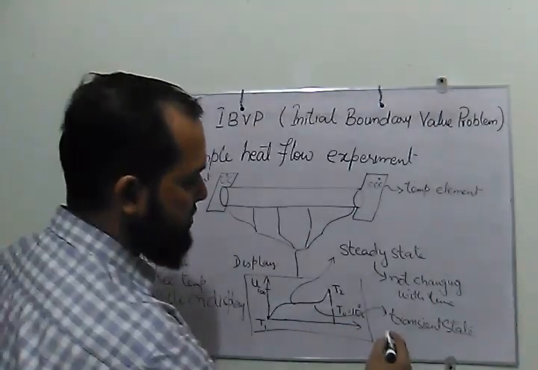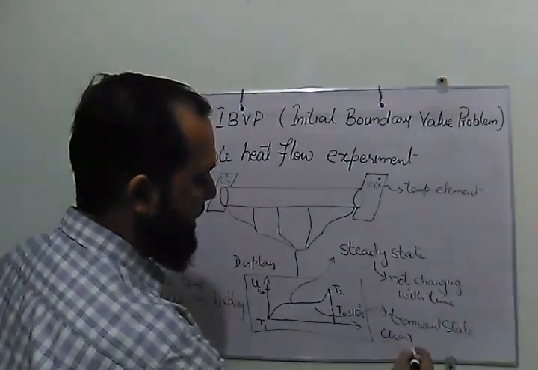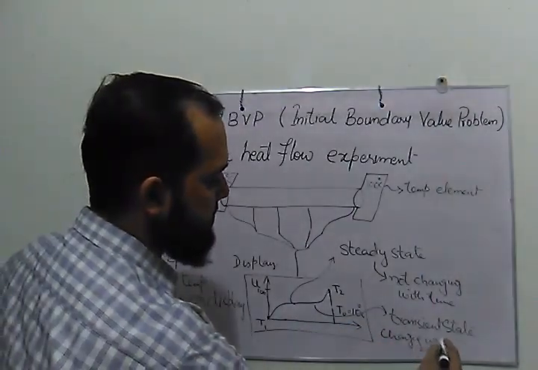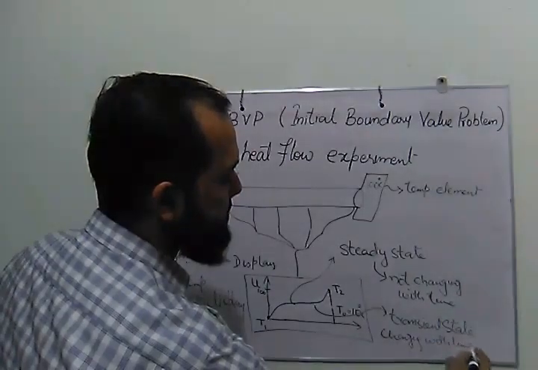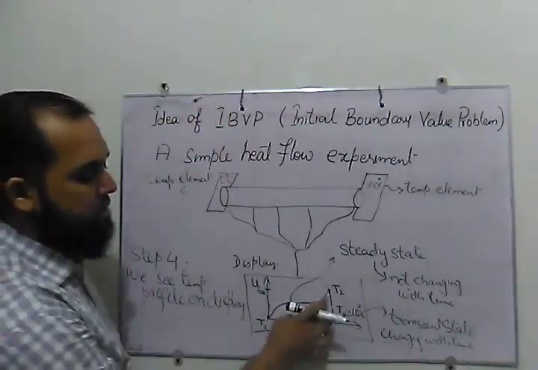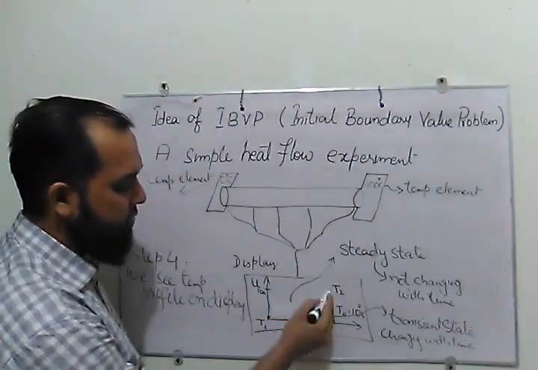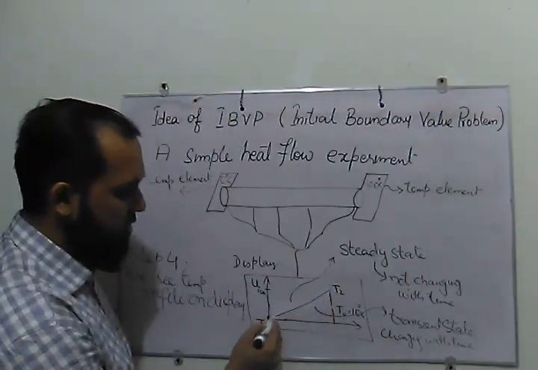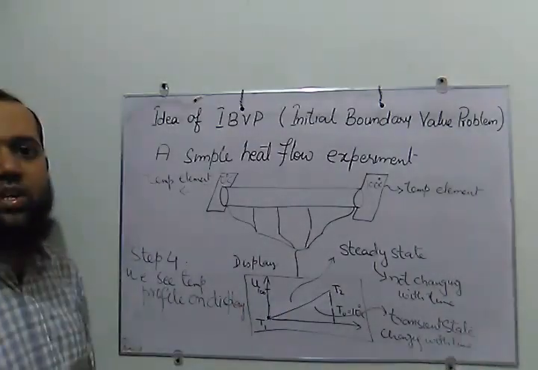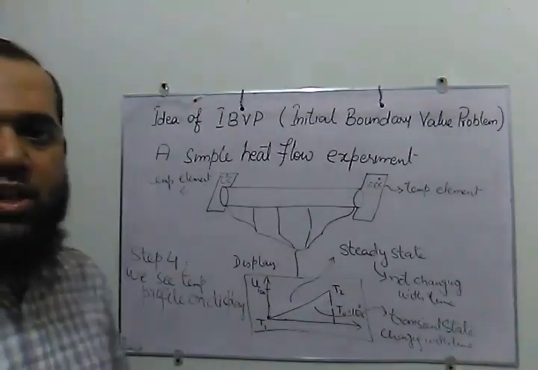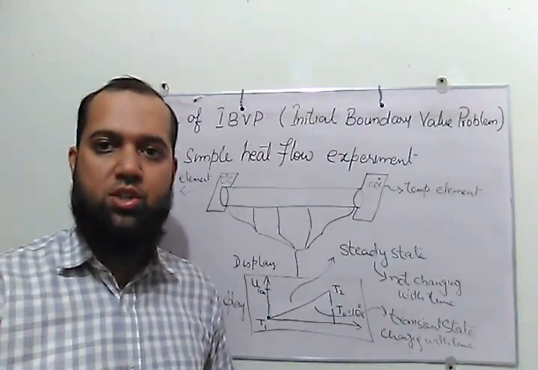Transient state is a state which is changing with time. Then when it becomes uniformly distributed after a very long time, this is called the steady state. Steady state is a state which is not changing with time.